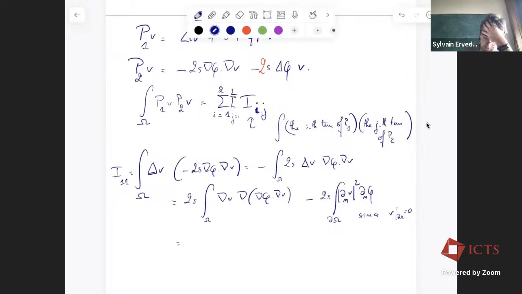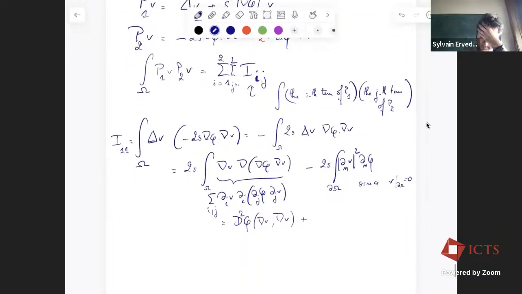And then, okay, let me just write it. So what is this thing is the sum of di of djV, dj phi, djV. This is the sum of the ij. So this is d2 phi of gradient V, gradient of V, plus the sum of dj phi, so this is gradient of phi, gradient of V square over 2.